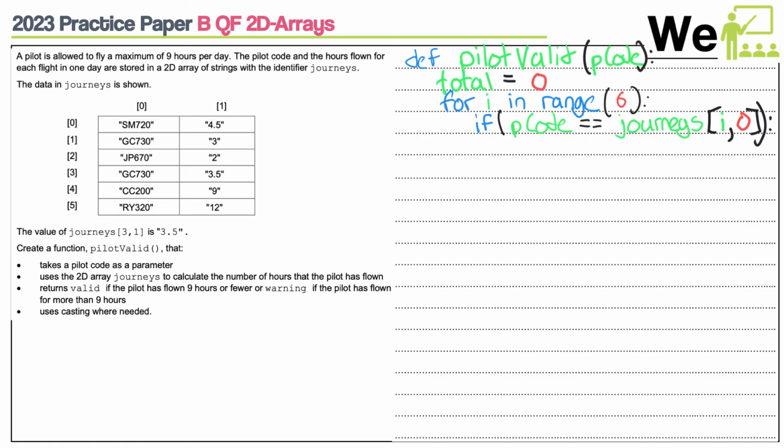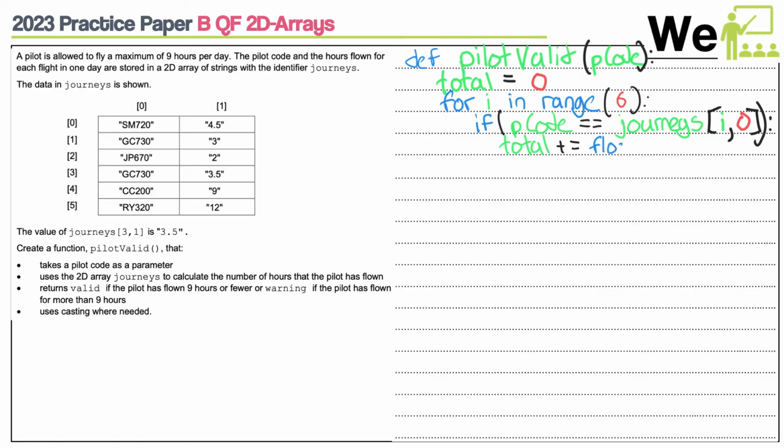If it is true, what should we do? Well, we want to add that to our total, right? So our total started at 0. So it'll be total plus equals. We want to add up the previous total as well. And then this is the issue where you could get caught out. If we did journey i, 1, it will get the number. But remember, that's a string. So we want to cast that as a float.